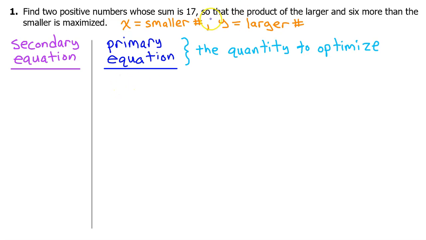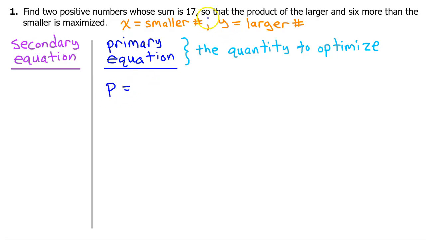In this case, the problem says the product of the larger and 6 more than the smaller is maximized. Since we are trying to maximize a product, I'm going to use the letter P for my primary equation.